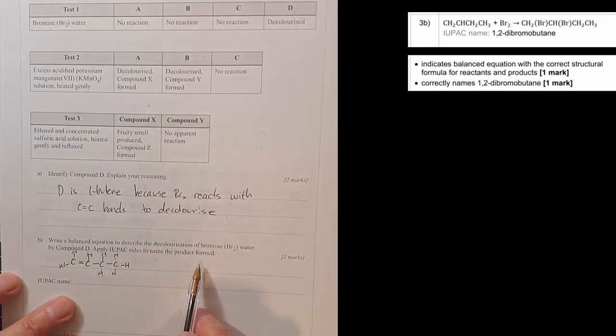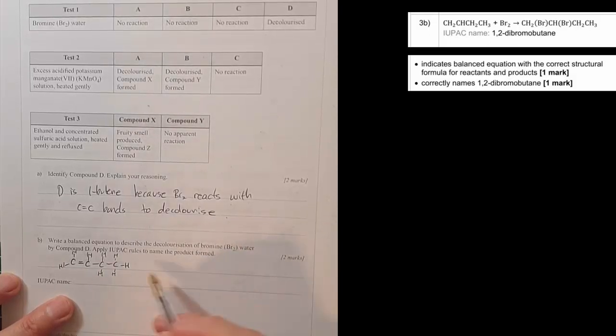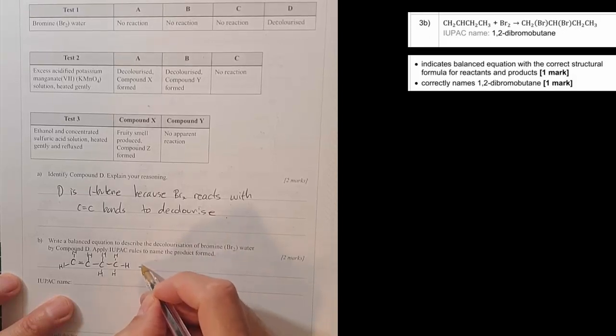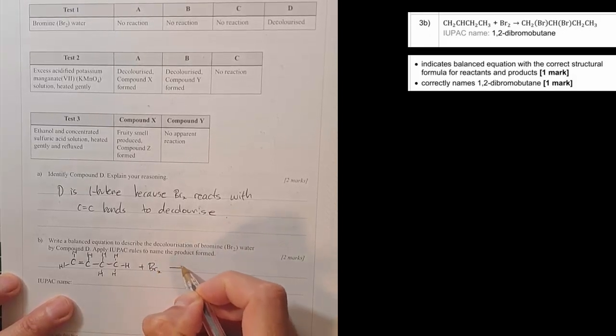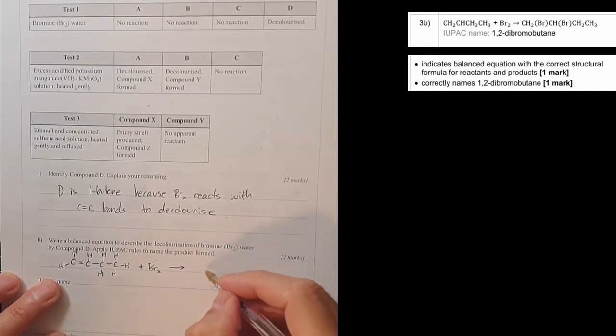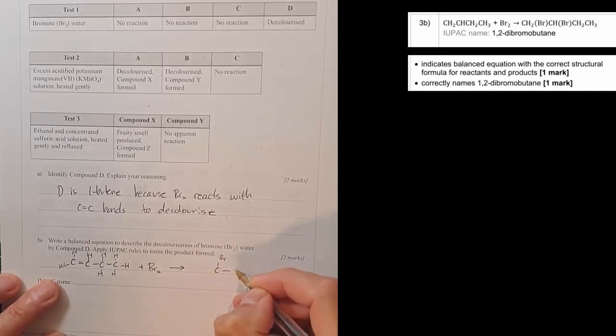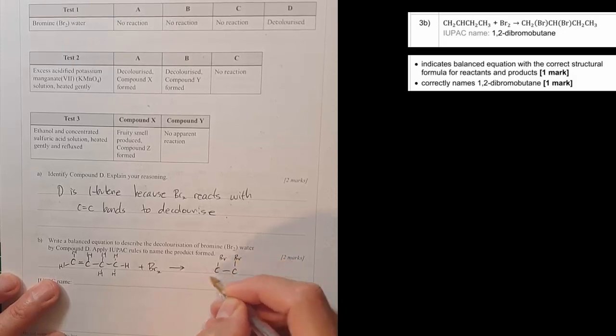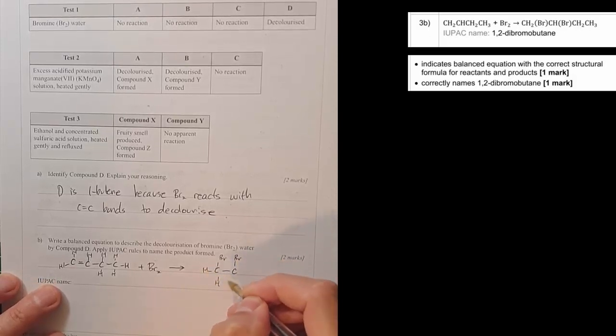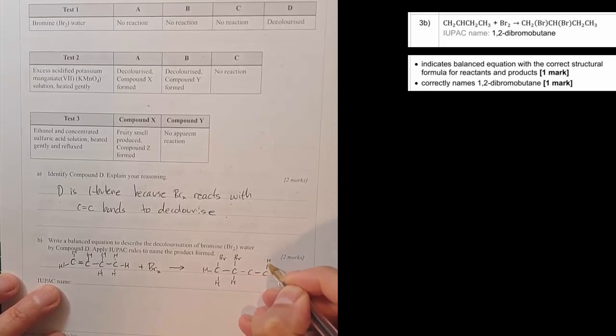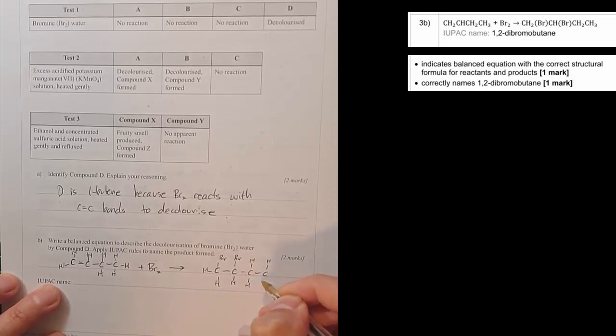Oh no, sorry, it's not Markovnikov's because it's both bromine, so you don't have to worry about that. Balanced equation. There'll be a bromine here and a bromine here off the double bond, and then you just draw the hydrogens in there.